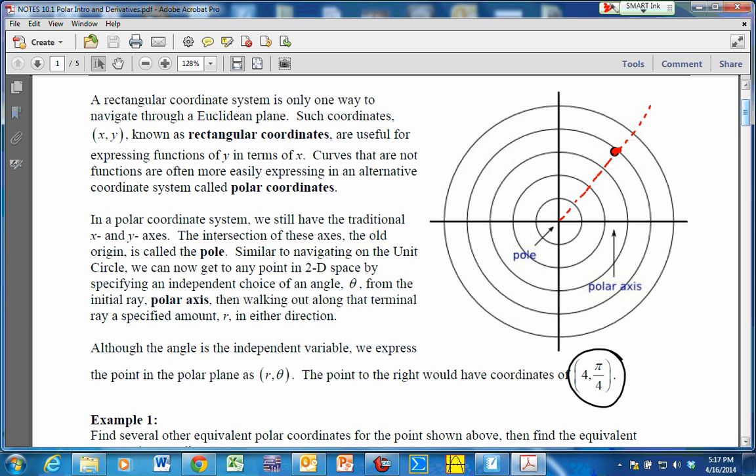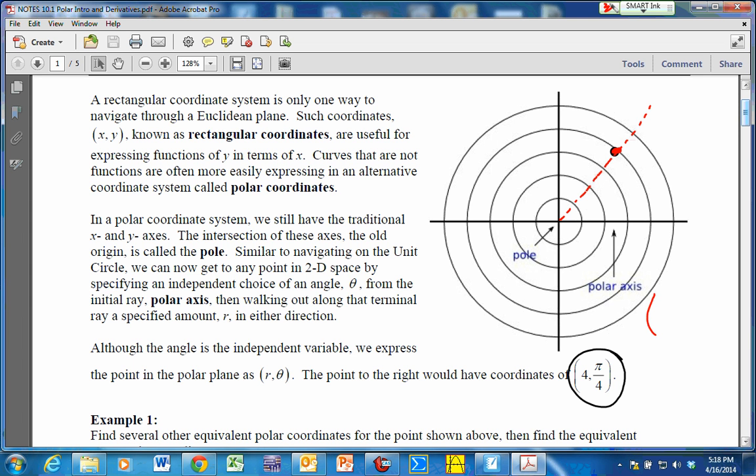Now, if we want to talk about other ways to name that point, we've got to think about the fact that we have many different ways to name pi over 4. In a rectangular coordinate system, we have one way to name everything. Here we're going to have many ways to name this point, infinitely many.